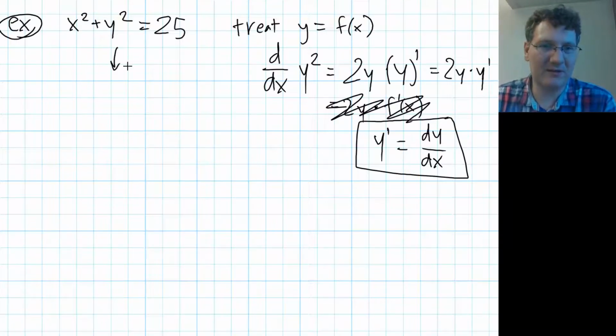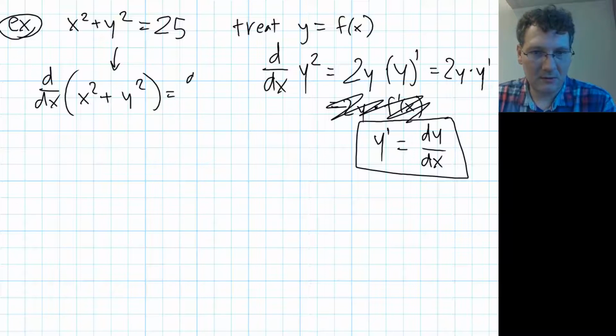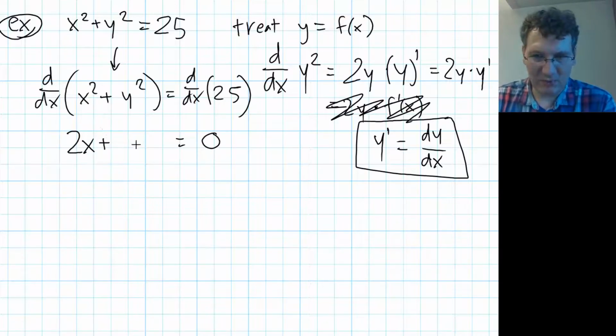Okay, let's take the derivative. I'm going to do d over dx to both sides. Well, the right side is the easiest because that's constant, that's 0. Now for the first term, x squared, we'll get a 2x. For the next term, we actually have this already.